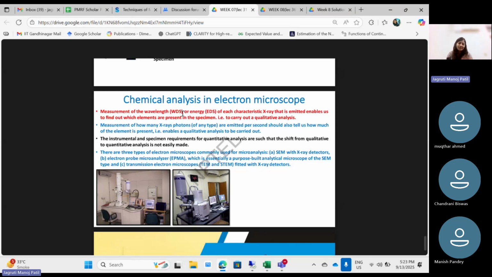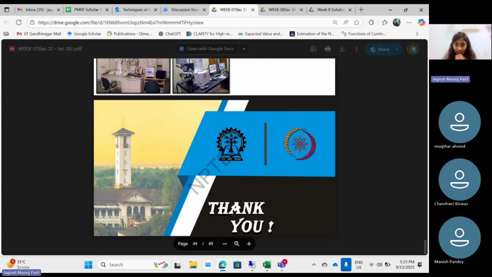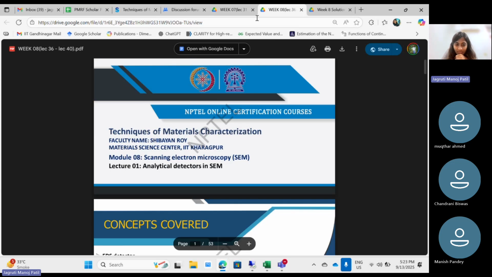Don't waste resources on SEM. TEM will give you a much more proper, high resolution image with respect to SEM. And then you have EDS, where you can get the characteristic spectra. You can see what particular element is present in the sample or specimen based on its X-ray intensity, given in kilo electron volts. So there are these different systems available, and from that, week 7 was done.